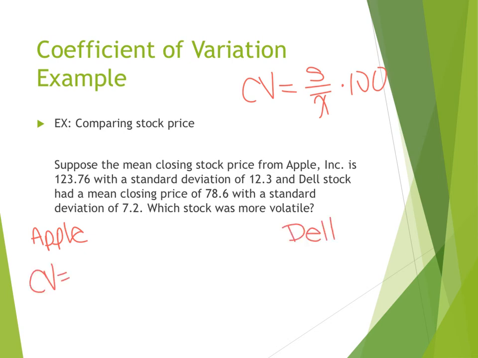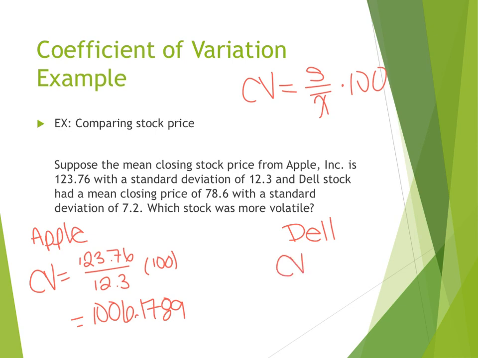Our coefficient of variation is going to be 123.76 over 12.3 times 100. You can just plug that right into the calculator. And I am getting 1,006.1789.